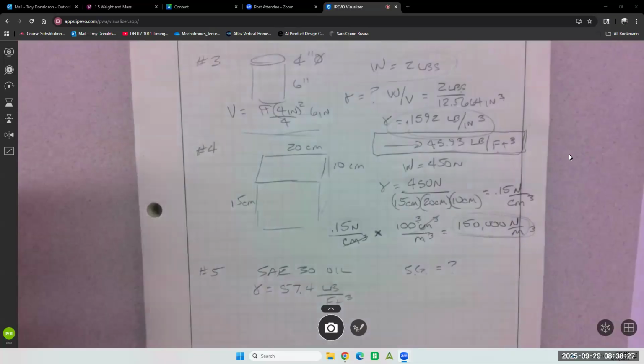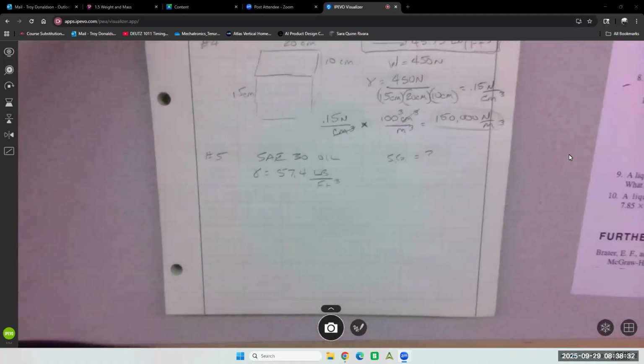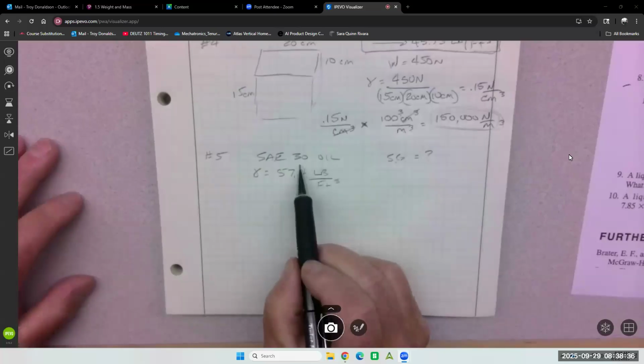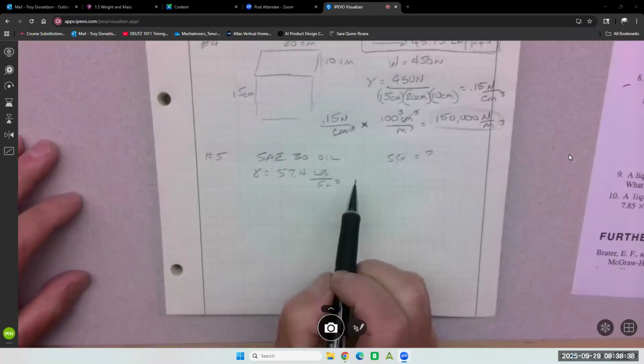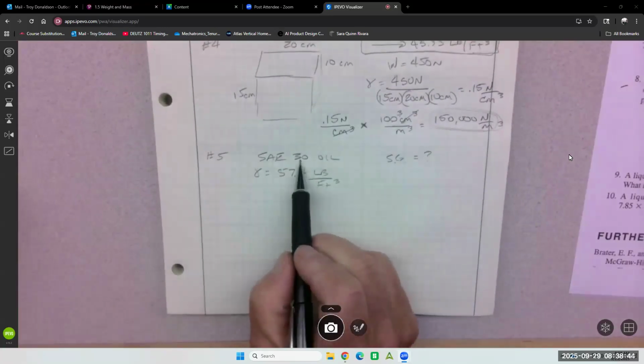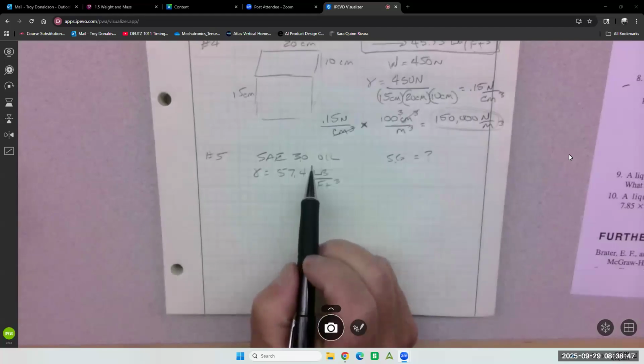All right, and the last one, SAE 30 oil. This is 30 weight oil. We'll talk about viscosity probably on Wednesday, but for now, that's what this stands for, 30 weight. So this is like engine oil, right? The oil you put in your car.